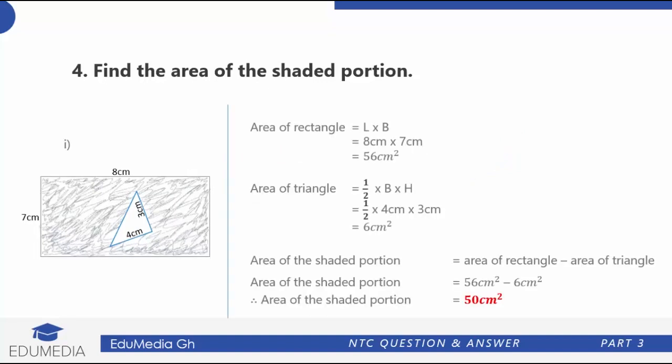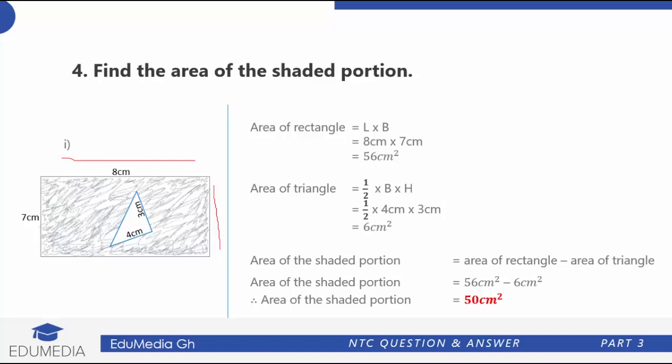Now you know very well that the area of a rectangle is length times breadth. The length here and then the breadth here. That is the formula for finding the area of a rectangle.